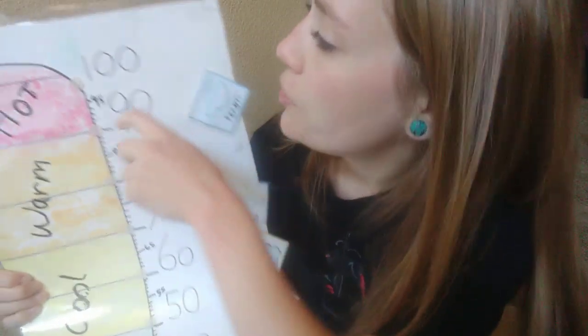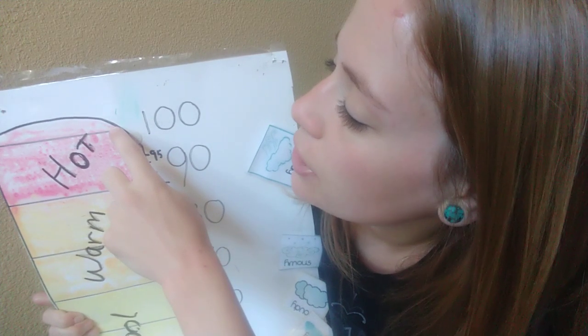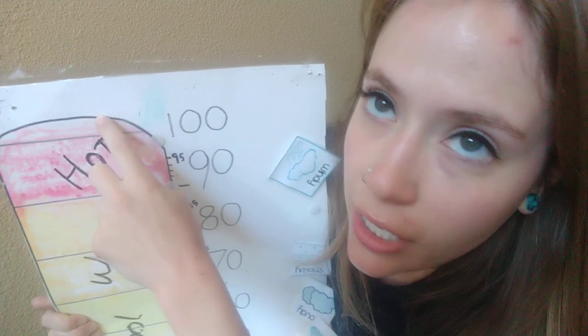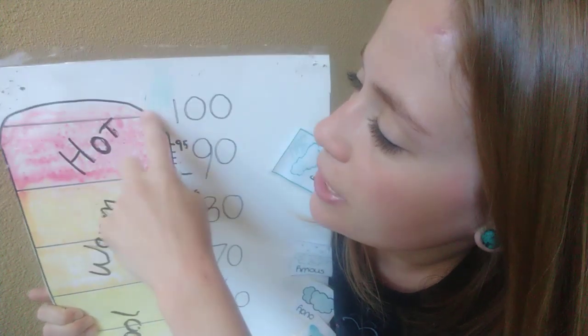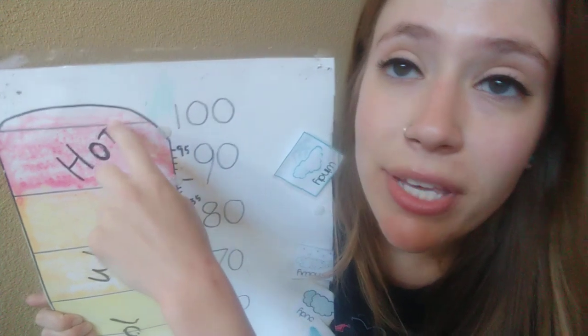So let's check out where that falls on our scale. And we don't have any lines once we go past 100, which is right here. So I'm just going to go up about 2, and it'll be right below the top of our thermostat. So right here. So it will be very hot tomorrow.